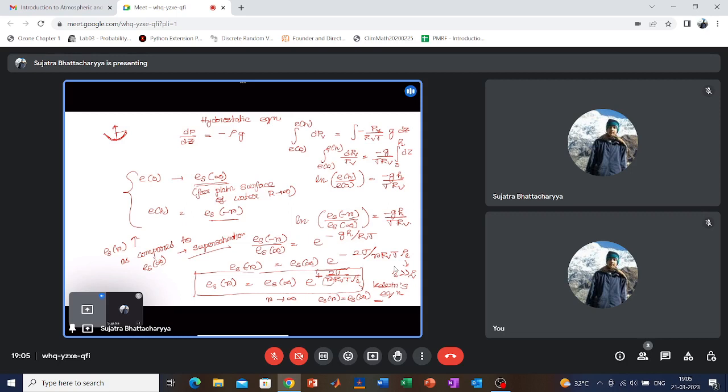So as R decreases, it means more curvature. As R decreases, Es of R will increase as compared to Es of infinity. This is the entire thing about the curvature effect.